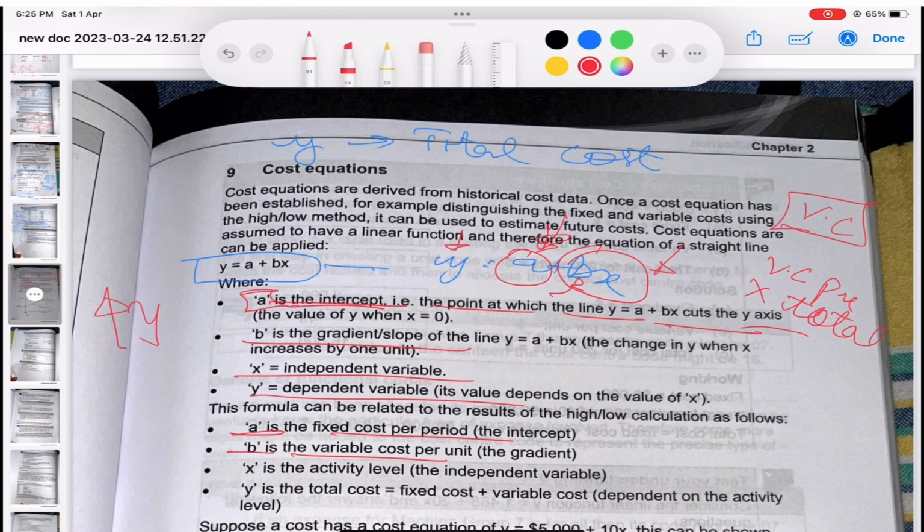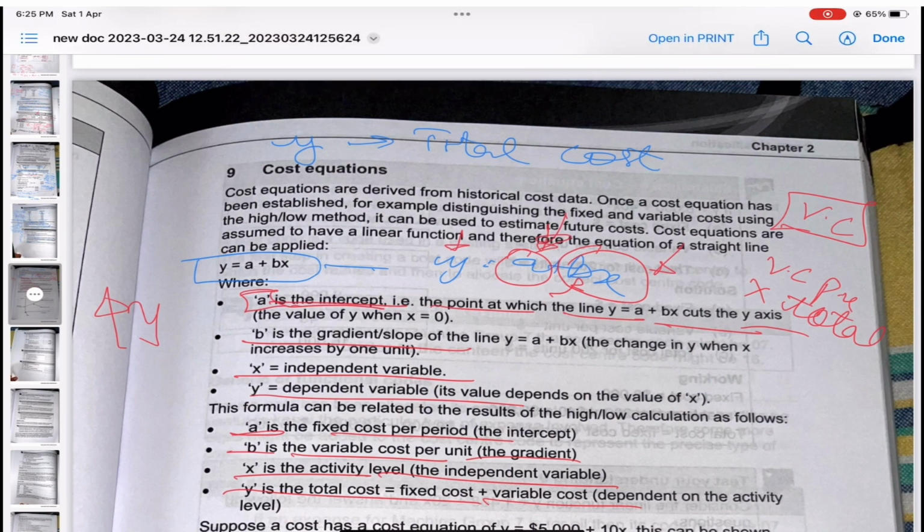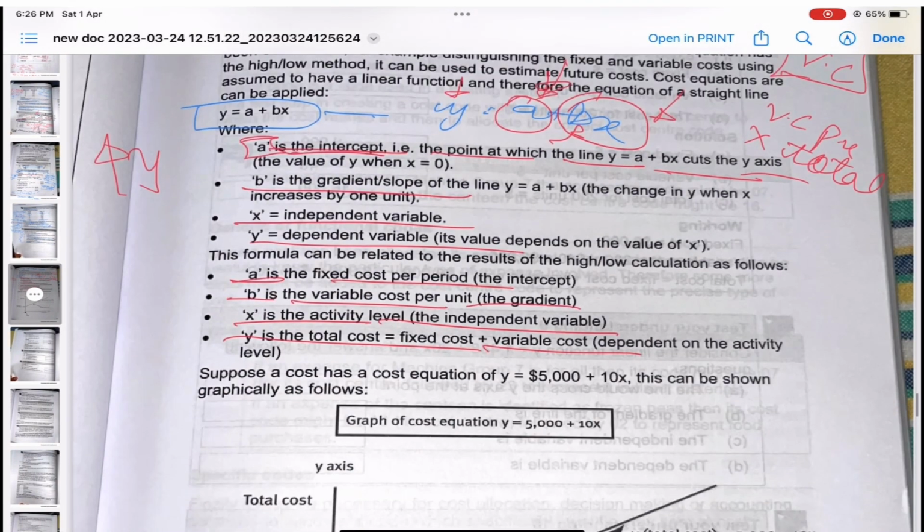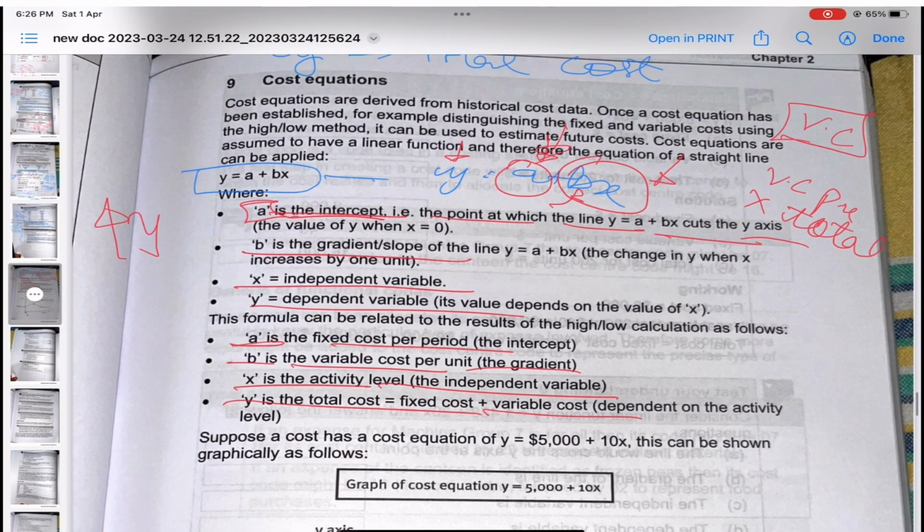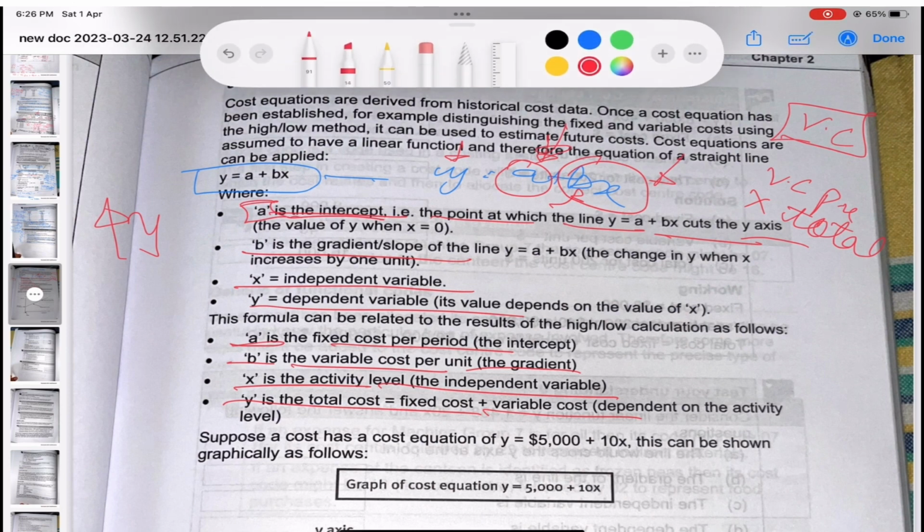So you just need to know that a is the intercept, b is my gradient, x is the independent variable and y is the dependent variable. Keep these in your mind and just apply them straight in the questions. It is really simple. There's nothing to worry about. We've been doing this so far. Y is equal to a plus bx, which is nothing but total cost is equal to fixed cost plus variable cost per unit multiplied by the number of units or the level of activity.